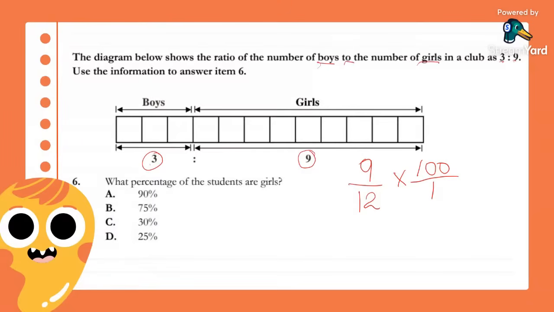I'm just going to take some time to look at some of these explanations before I go. Zoe says 75%, because when you look at the two of them, the boys measure 3 and the girls measure 9. So 3 plus 9 is 12, and then you're going to put 9 over 12, because you want to find out how much. Okay, let me see some of the explanations here before I go into working this out.